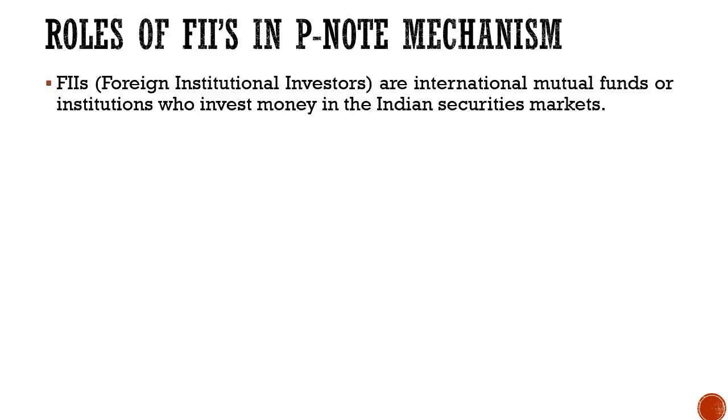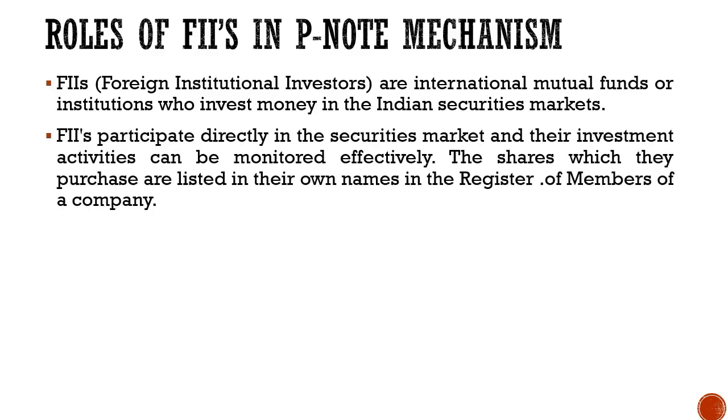Now let us go through the roles of foreign institutional investors in the P note mechanism. Number one, the FIIs are international mutual funds or institutions who basically invest money in Indian security markets. Second, they participate directly in the securities market, and their investment activities can be monitored effectively.